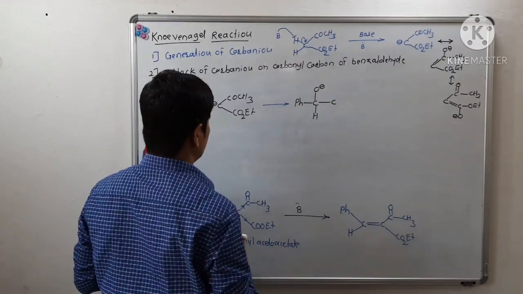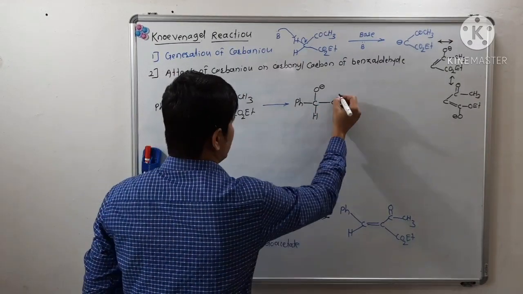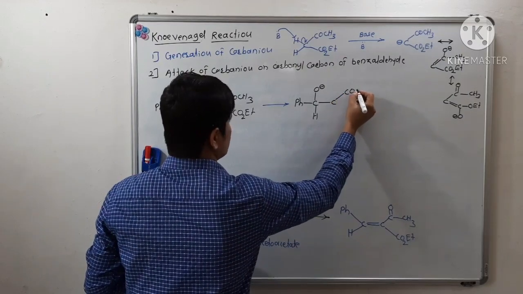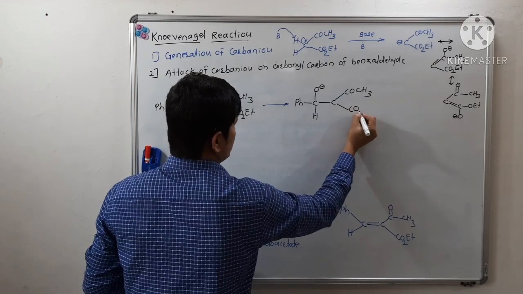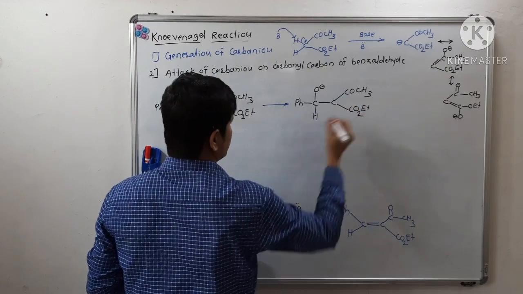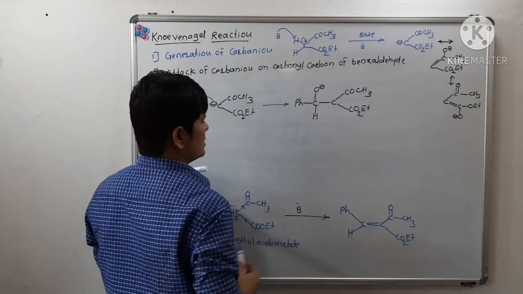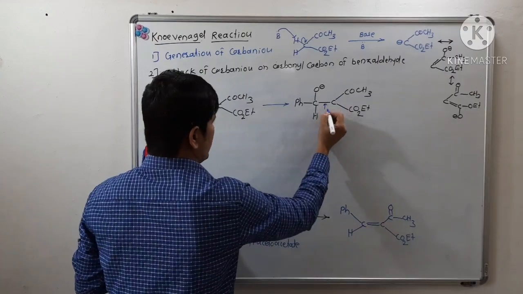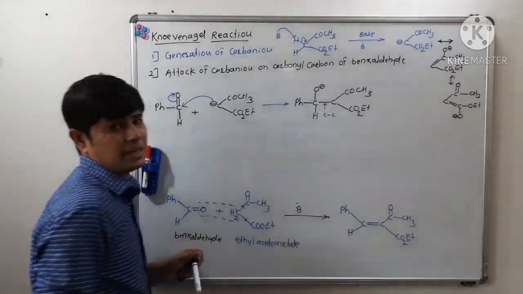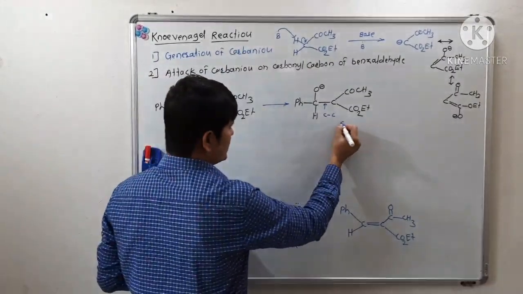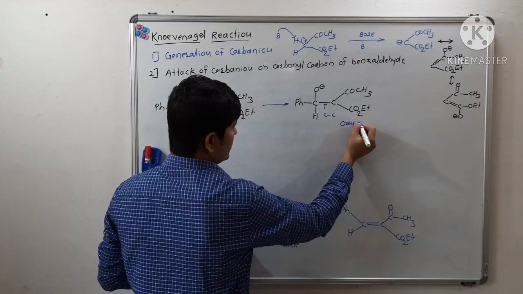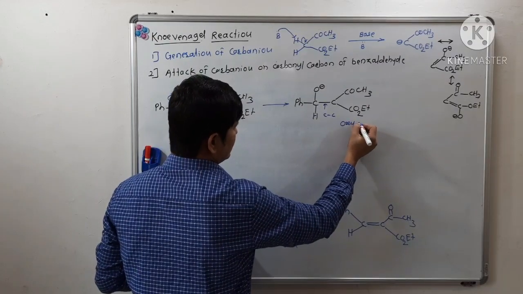This new carbon-carbon bond will form and you will have a structure with COCH3 and CO2Et. So this new carbon-carbon bond forms in this step. Now what is this? This is an oxyanion.